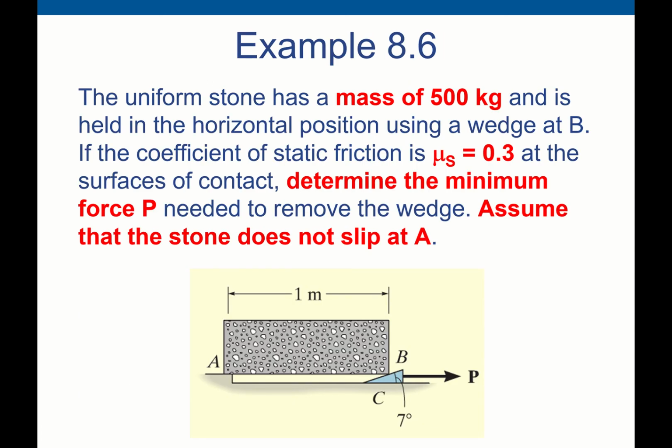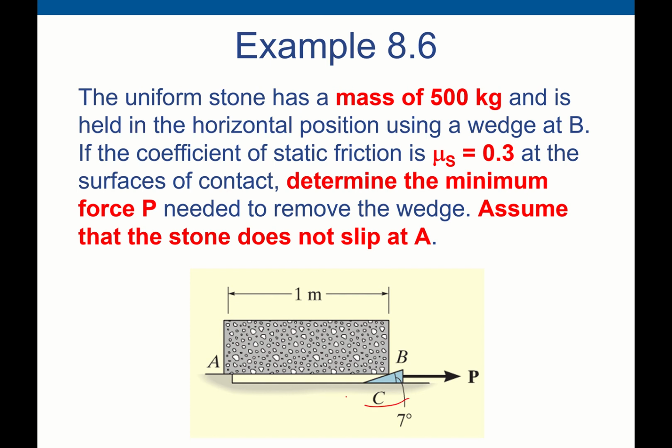Okay, so now let's solve the last problem of chapter 8. Let's review the question. The uniform stone has a mass of 500 kilograms and is held in the horizontal position using the wedge.